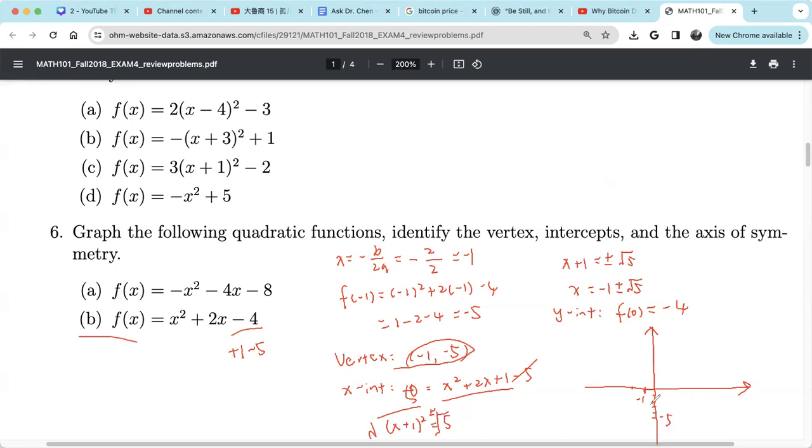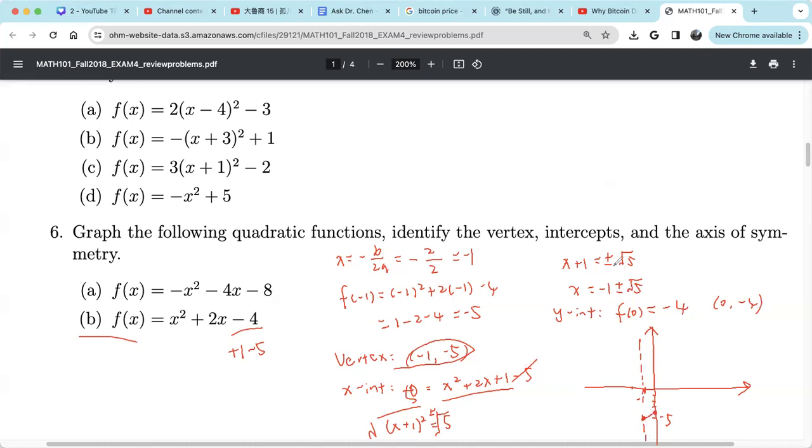Okay, I'd like the negative 5 to be here. So this is our vertex, (negative 1, negative 5). Then our y-intercept is (0, negative 4), right here. And our line of symmetry is x equals negative 1.